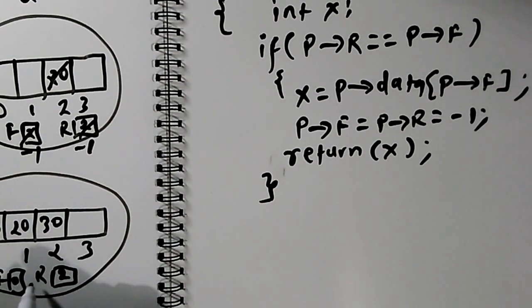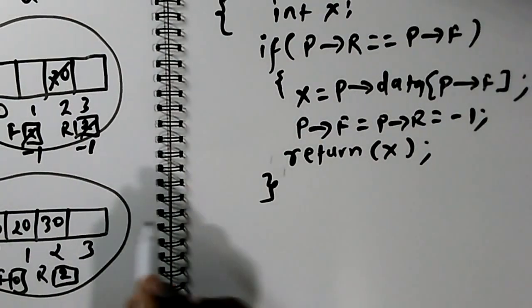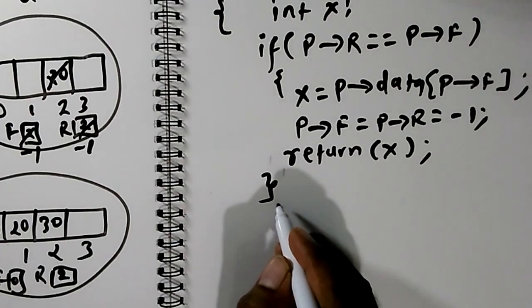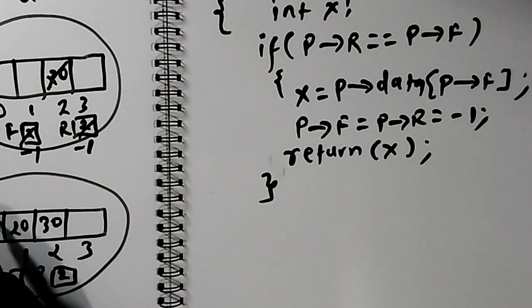So in this case, F and R are not equal, so this part will not be executed. So then how will we do the delete operation? We'll see what is F. F is 0, we'll go to the 0th location, retrieve the value, store this value in x, right? And then we'll increment F by 1 by saying F equal to F plus 1, right?